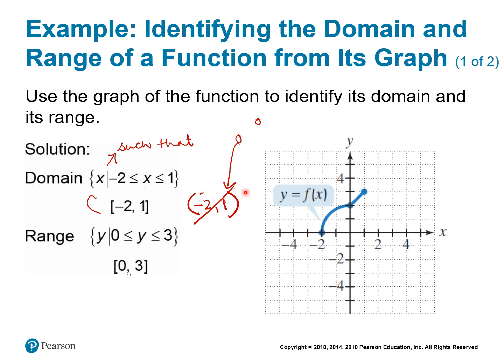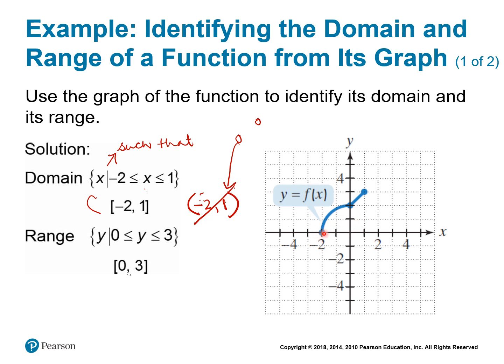All right, so that's about domains. Now we have to figure out what the range is. Range means all the y values, so we have to look for the y values along the y-axis. What's the lowest y value in this graph?